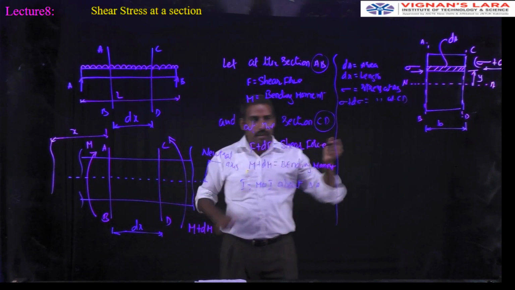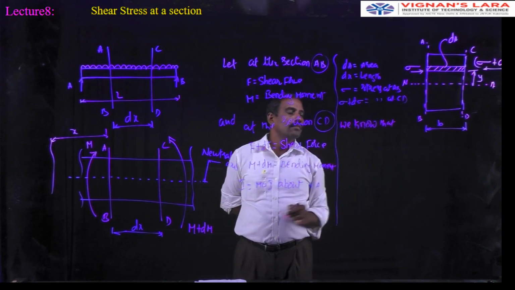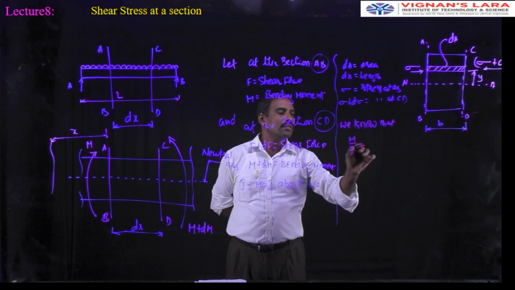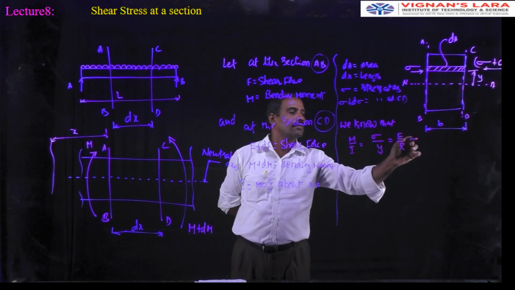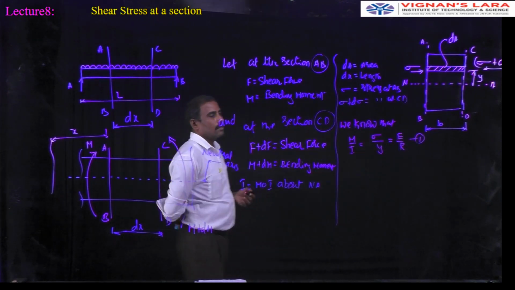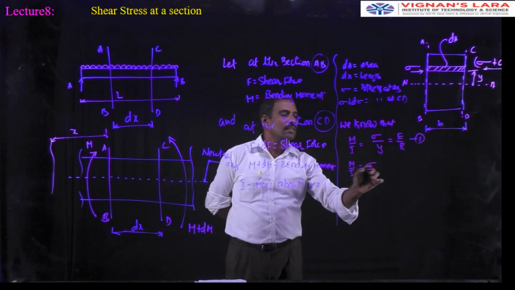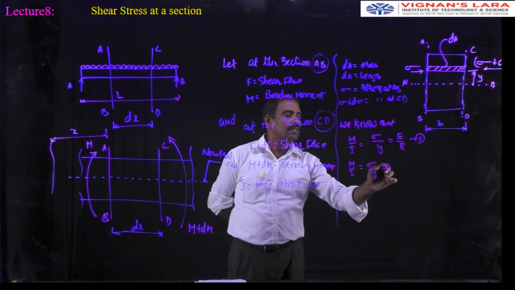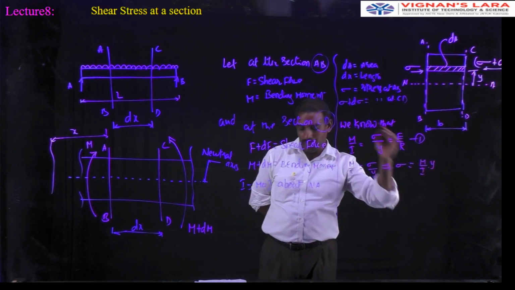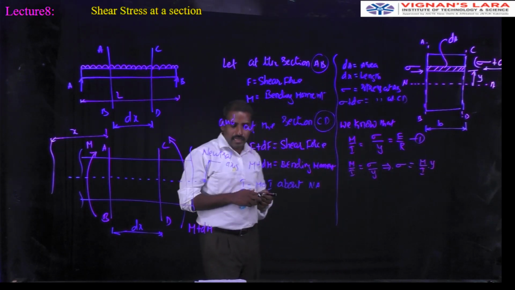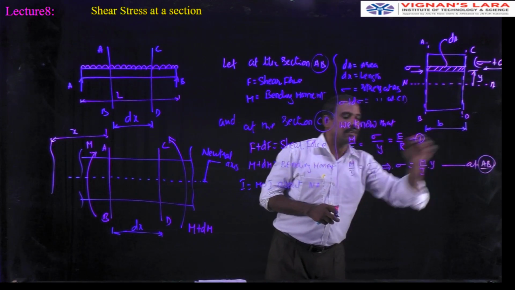We know that M by I is equal to stress by Y is equal to E by R. This was derived earlier. From this equation, M by I is equal to sigma by Y, so stress is equal to M by I into Y. This is the stress at section AB.